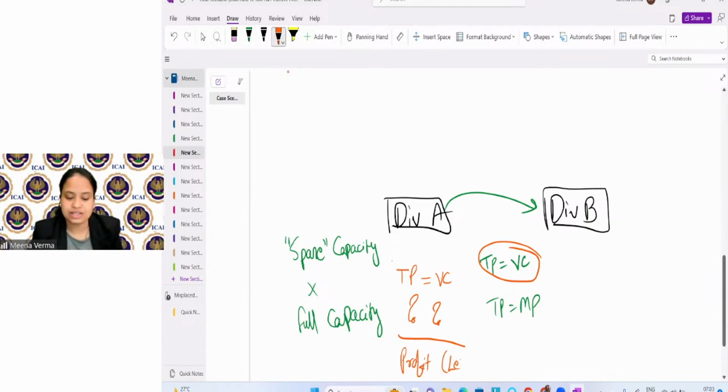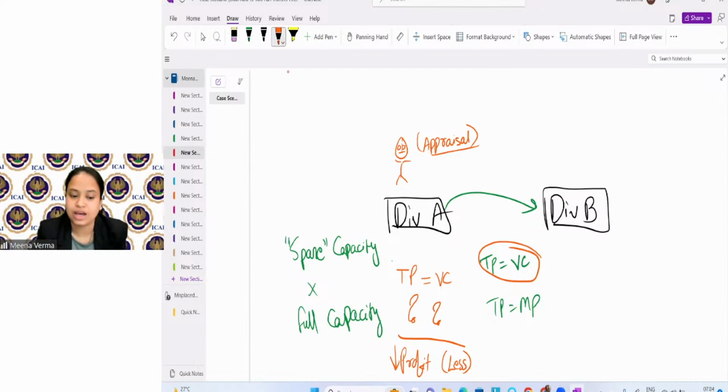If the profit is less for this division, the manager will be discouraged. Why? Because on the basis of the profit, this manager gets the bonus, appraisal and commission. So if the profit of this division is less, the appraisal of this person will be less. This is obviously not good.